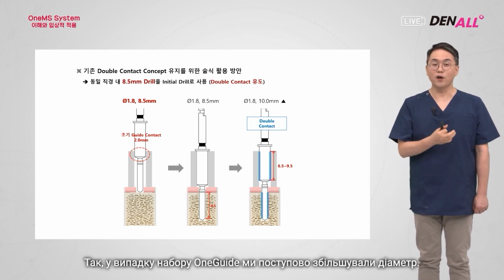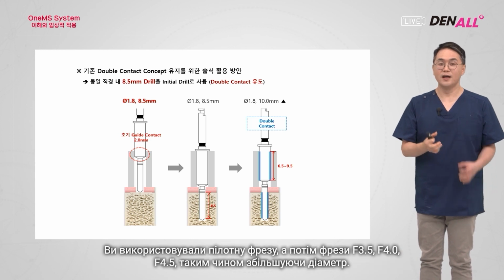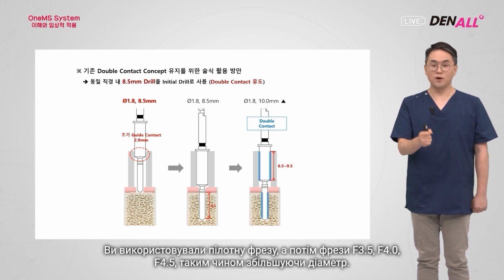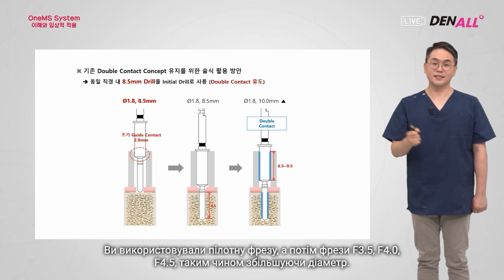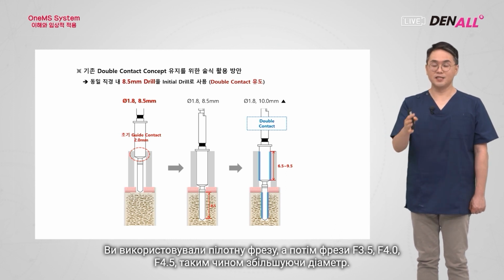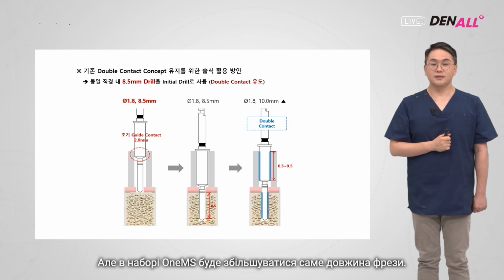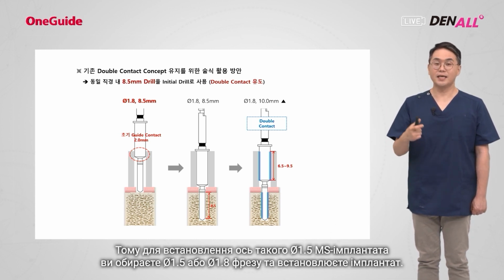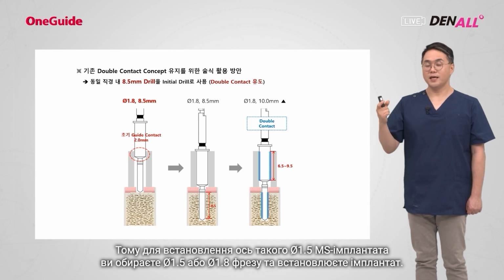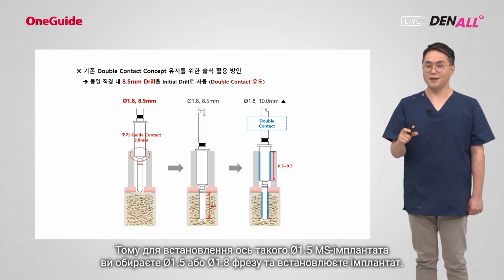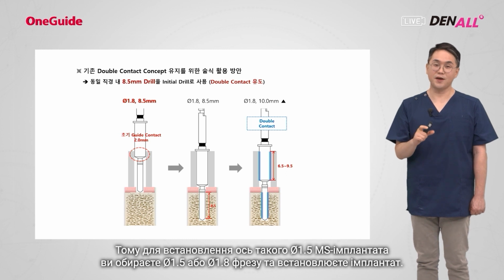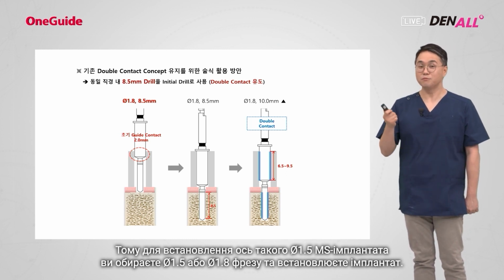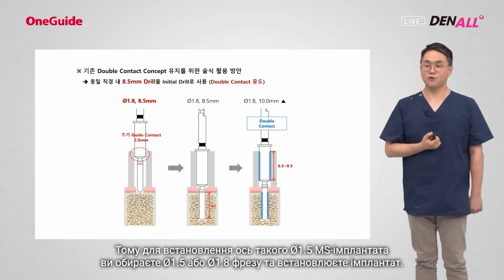In the One Guide kit, diameters were extended. You use the initial drill and then F3.5, 4.0, 4.5. So you increase diameter, but in the One MS kit it is not the diameter but the length that will be increased, because you drill with 1.5 or 1.8 and place a 1.5 diameter MS implant. So you don't have to increase diameter, you just increase the length.